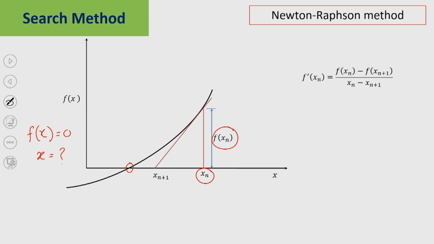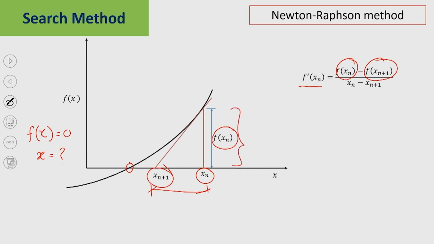The first derivative is f of x n minus f of x n plus 1, divided by this distance. The tangent touches the x axis at x n plus 1, so the distance is x n minus x n plus 1. From this triangle I can find the derivative.